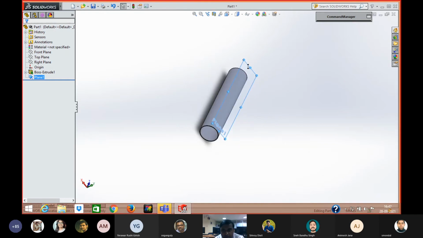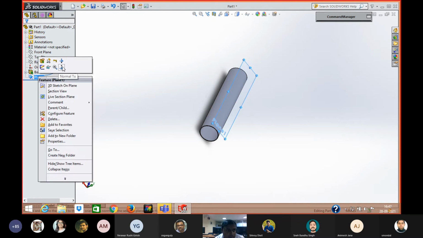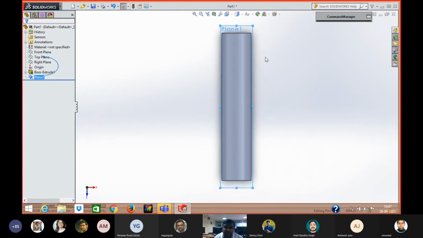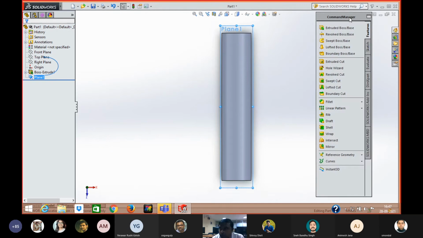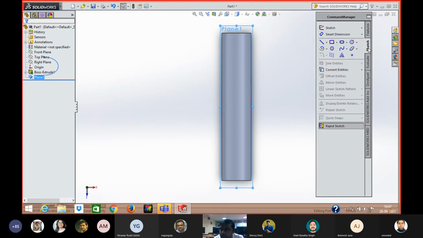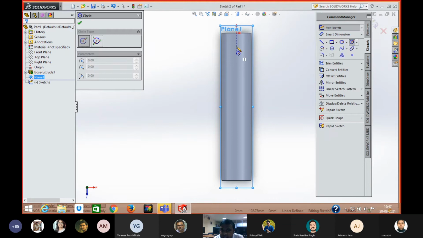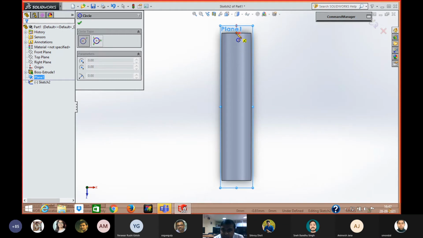So take this top plane and go normal to it for design purposes. Suppose the inlet will be a circular section. Then we have to take a circle. This is the mid of the reference line, so we can take along the mid of this line.